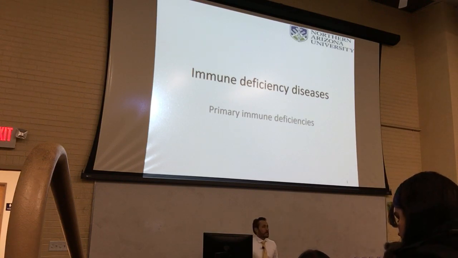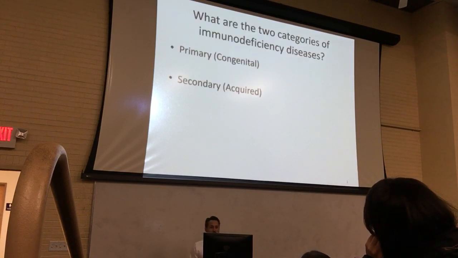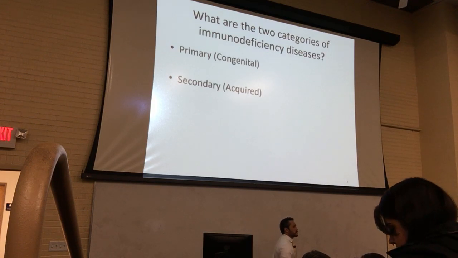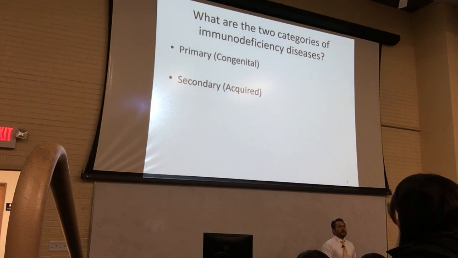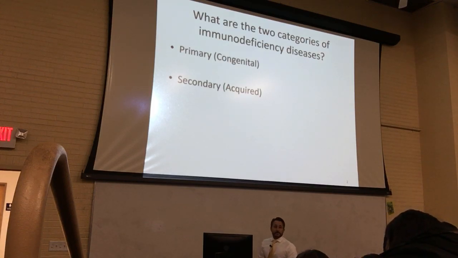And these are either ones that you're going to inherit, so they're going to be congenital, coded in your DNA. We call those primary. Or they're going to be secondary, and they're acquired immune deficiencies.